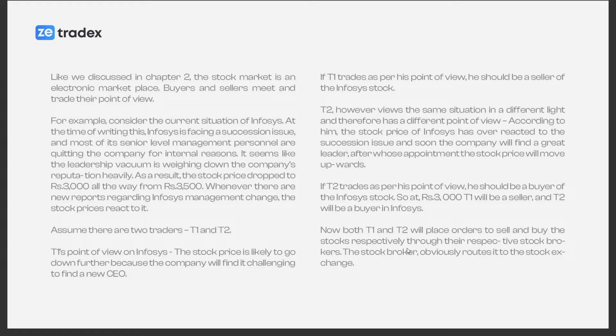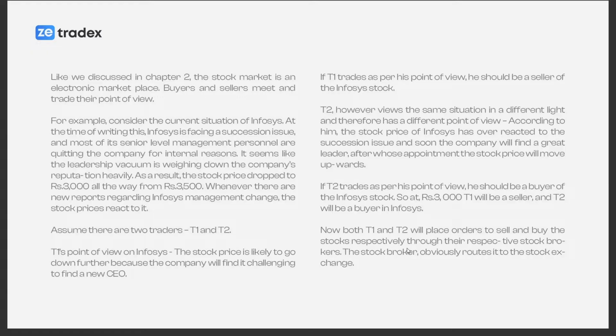According to him, the stock price of Infosystem has overreacted to the succession issue, and soon the company will find a great leader, after whose appointment the stock price will move upwards. If T2 trades as per his point of view, he should be a buyer of the Infosystem stock. So at 3,000, T1 will be a seller and T2 will be a buyer in Infosystem.